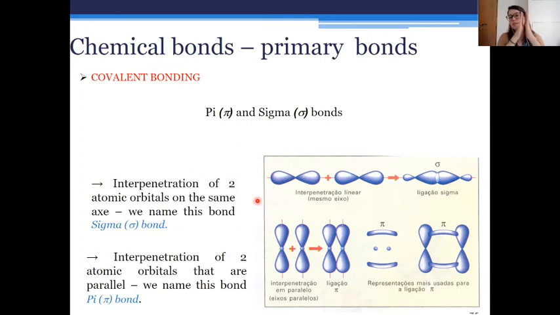By sharing this electron thanks to the interpenetration of their orbitals, they will share it on the two sides of these orbitals, and so we name it the pi bond. Okay, so the electron will be shared along this representation, which is the vertical lines represented right here.